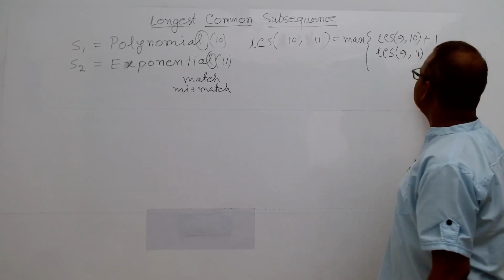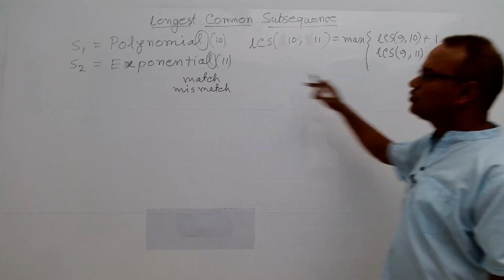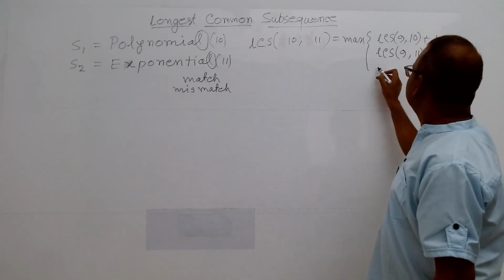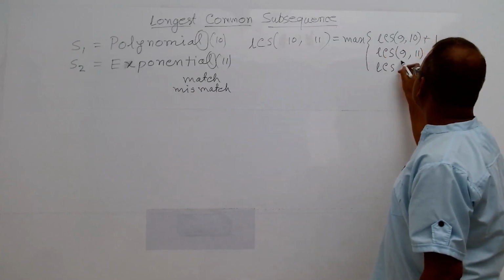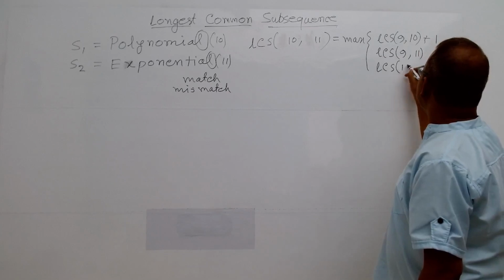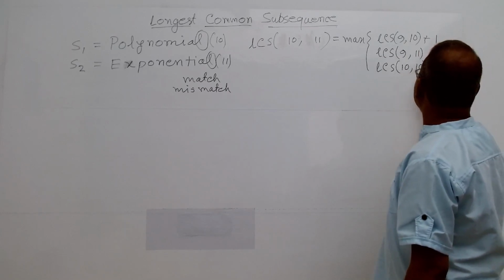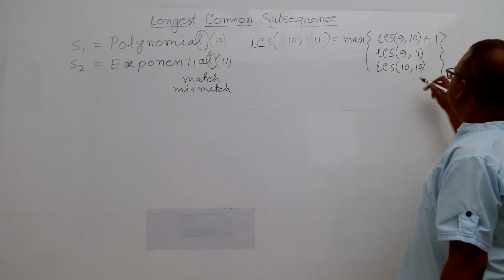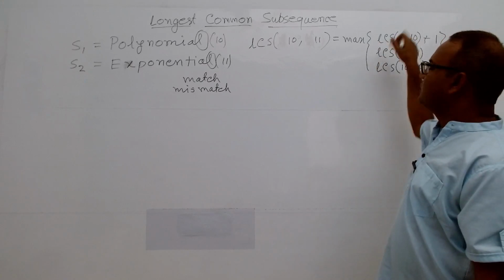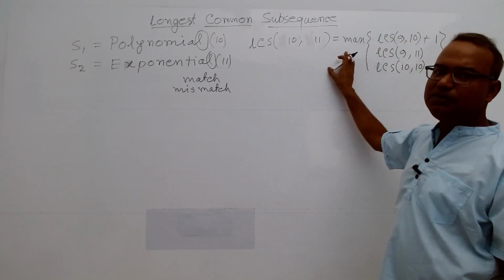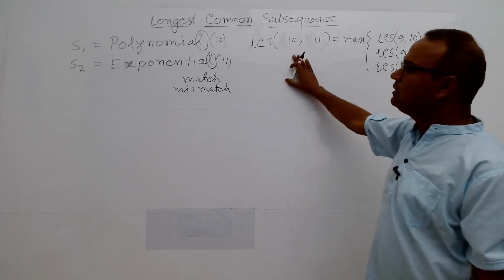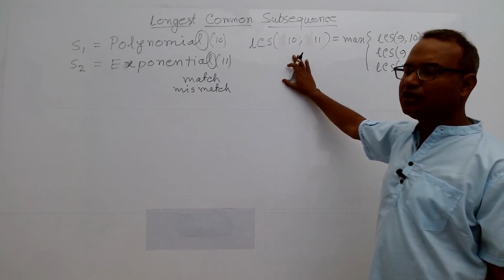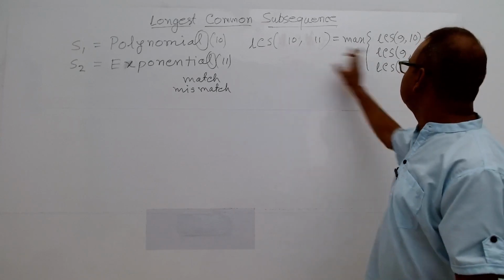This is one option. I have to add nothing because no character is matching. And another option will be LCS of 10, 10. These are the three options. Among these three options, which one is maximum? Whatever is maximum, that is going to be the solution of longest common subsequence. Okay, this is the recursion.